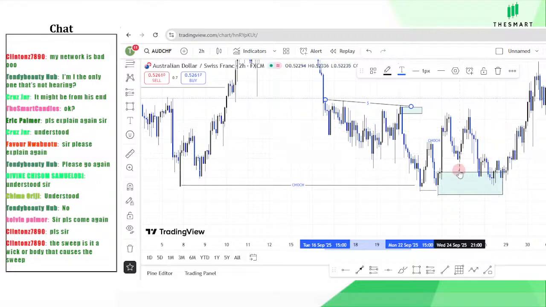Because this market has already proven to us, look at this one. When we had this drop below this level, market came back up, giving us a sweep with a candle wick at this level, and price shifted again to the upside, giving us a confirmation, a change of character to tell us we should look for possible buys.